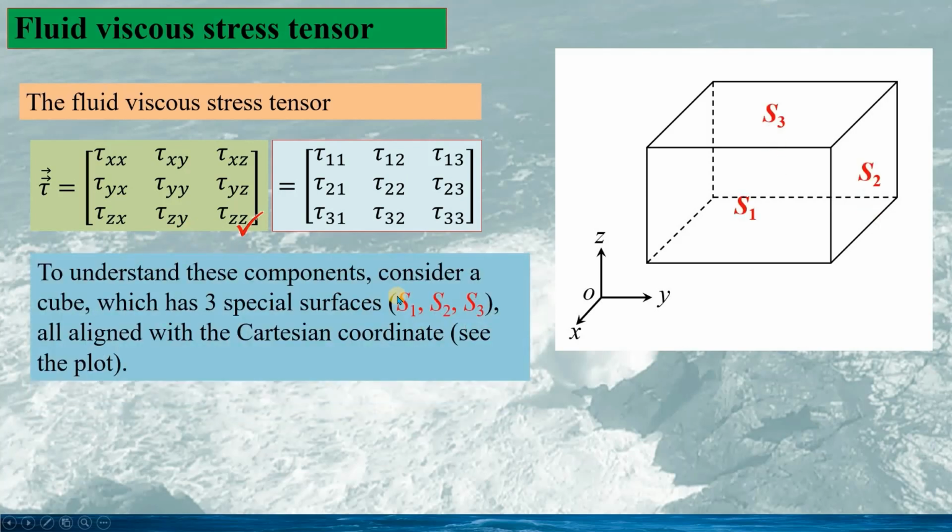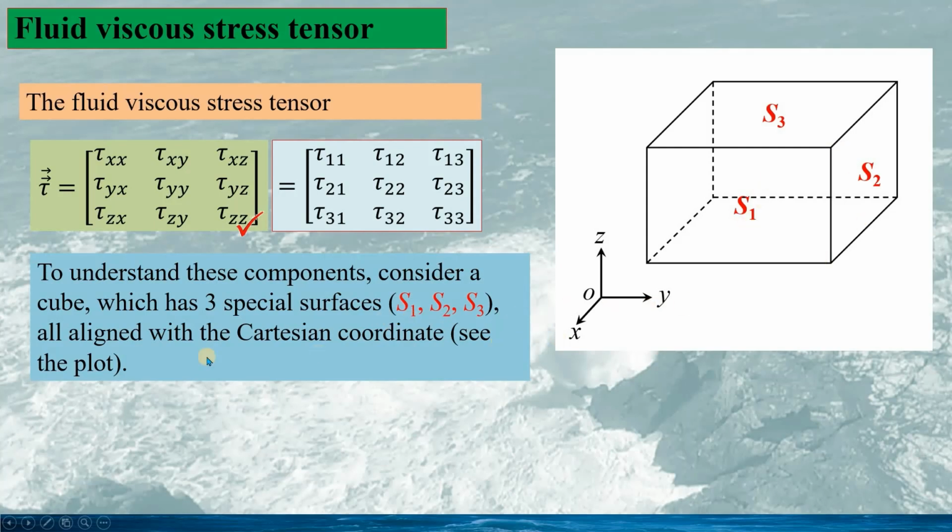To understand the components of the viscous stress tensor, we need to consider a special cube, see here, which has 3 special surfaces: S1, the front surface; S2, the side surface; and S3, the top surface of the fluid element.